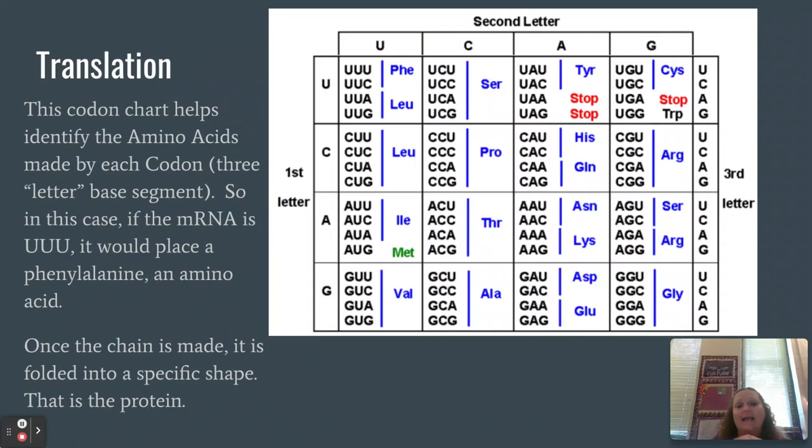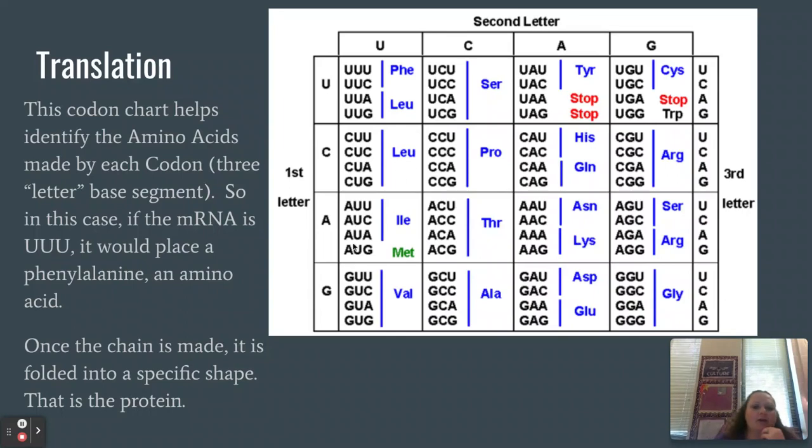To translate means to figure out what each of those codons stands for. I'm going to go through this with you in class as well because I know it can be somewhat confusing. But if you take a look here, these are potential codons, and it gives you an abbreviated name of the amino acid that they code for.